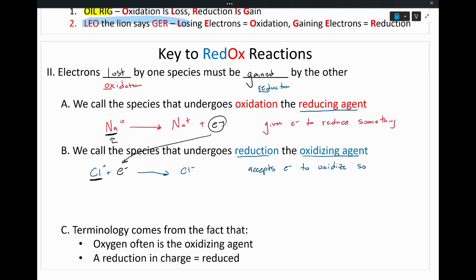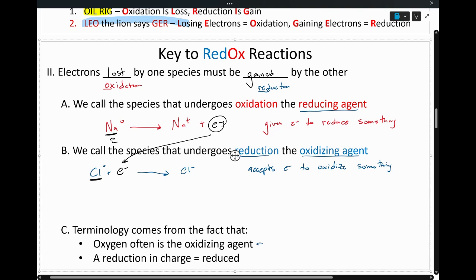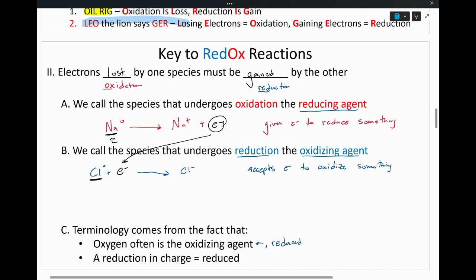And this terminology, just for your information, largely comes from the fact that oxygen is often the oxidizing agent, meaning that it often is reduced. And a reduction in charge, the reason we use reduced is that a reduction in charge equals reduced. So oxidation, because oxygen's the thing that has it happen, or the thing that does it. Reduction, because we're seeing a lowering of charge there.